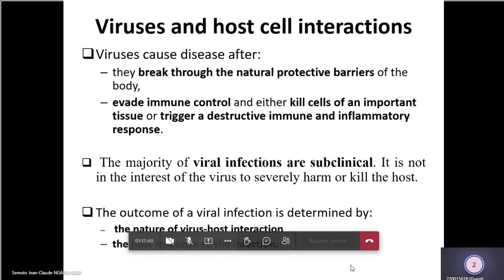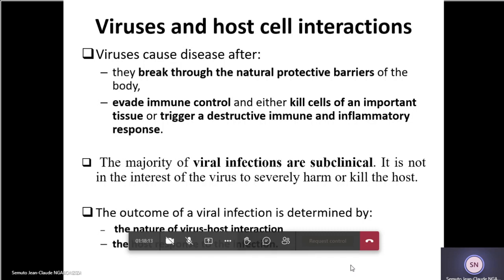The virus destroying the cells is one way; the other is the immune and inflammatory response generated by the infection, which induces destruction. The majority of viruses are subclinical, and will be cleared out of the host without any problem.